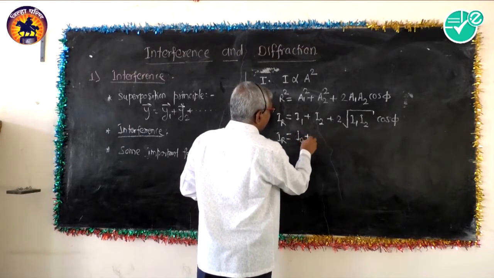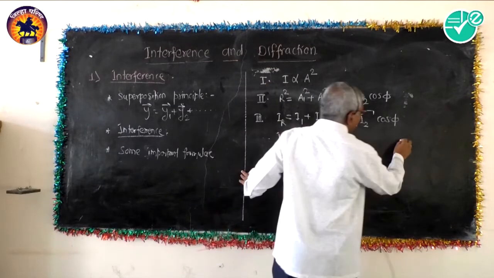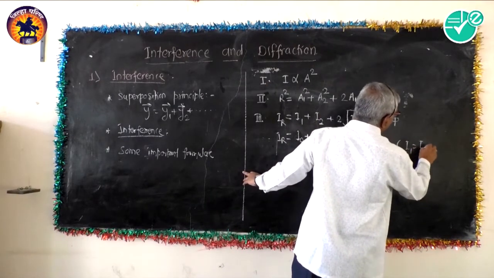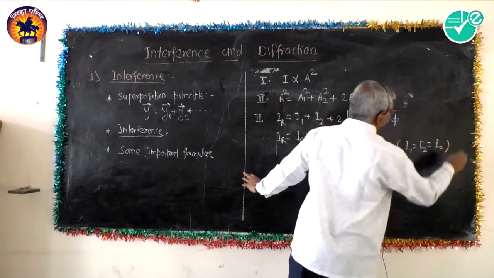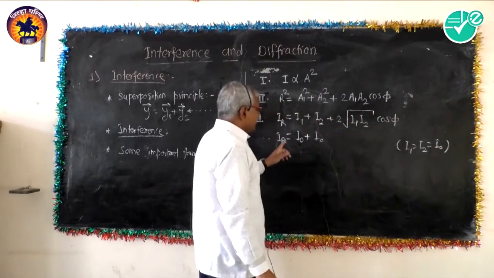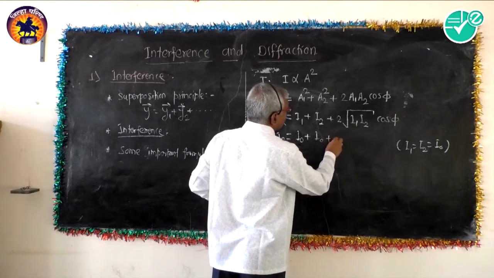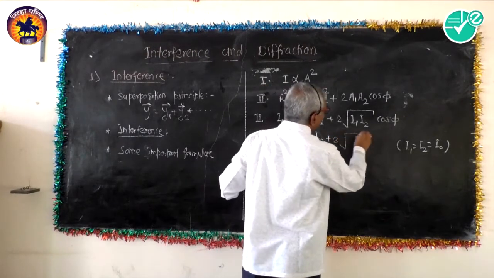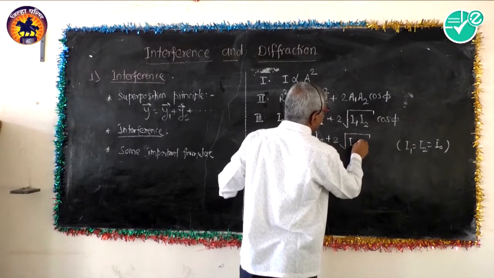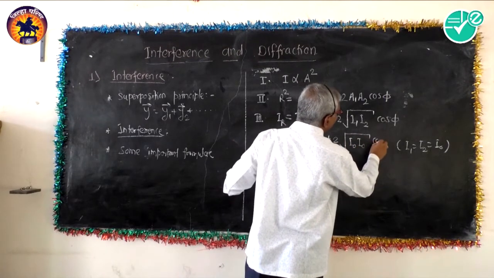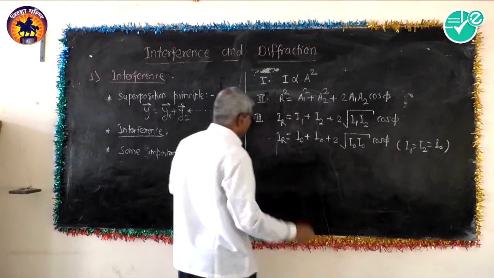If I1 is equal to I2 is equal to I0, then resultant intensity becomes IR is equal to I0 plus I0 plus 2 into square root of I0 into I0 into cos phi.